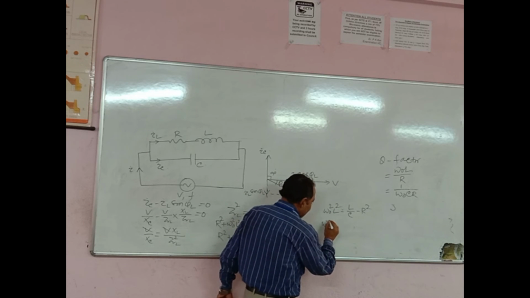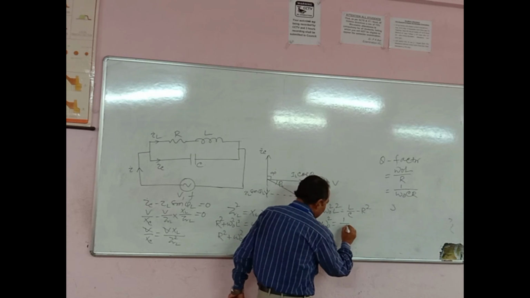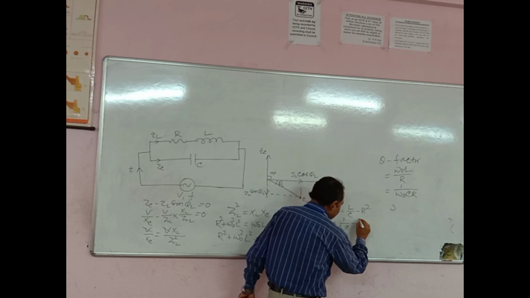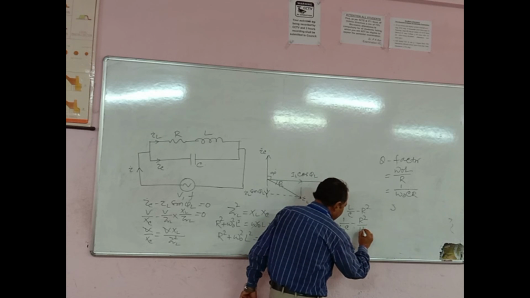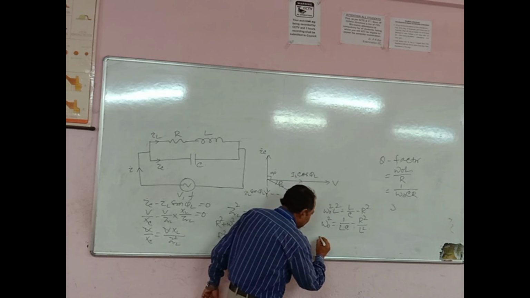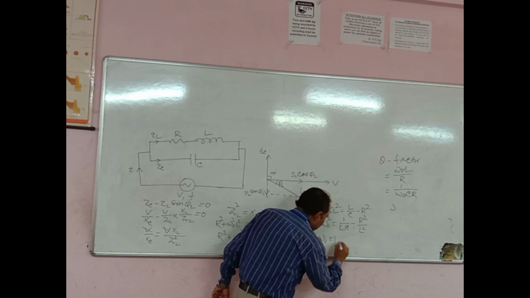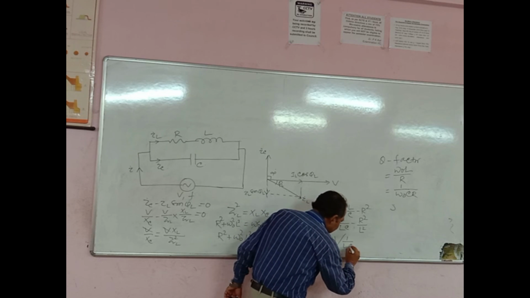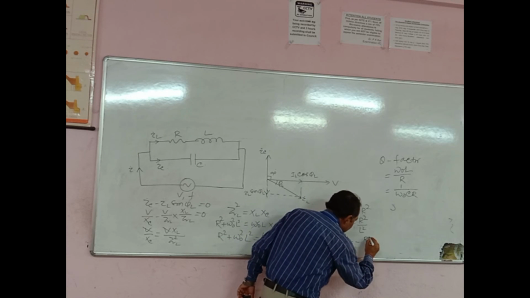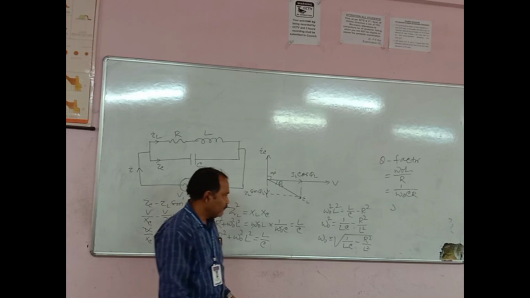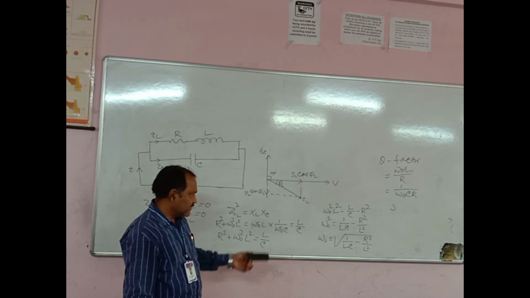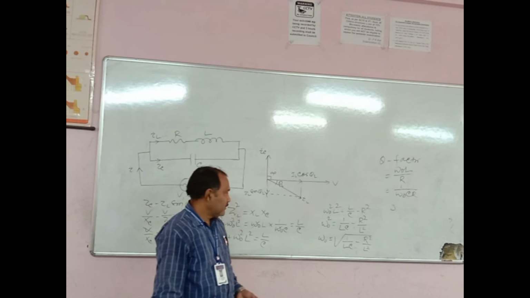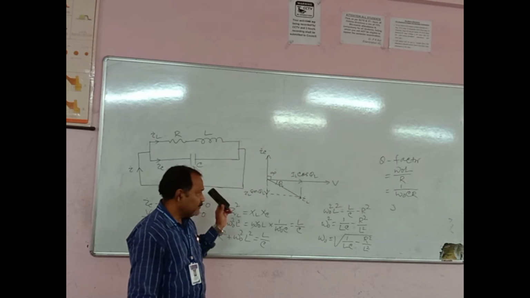So omega 0 square is equal to 1 by LC minus R square by L square, or omega 0 is equal to root over of 1 by LC minus R square by L square. This is the resonant frequency for the parallel circuit.